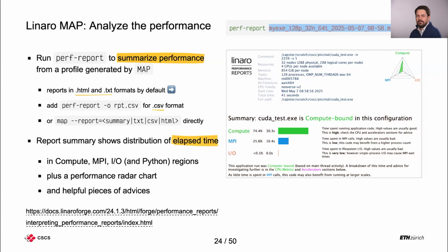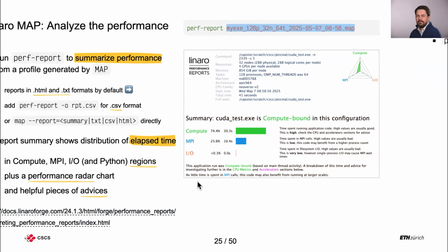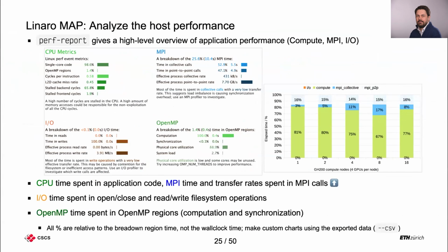So, a high-level overview: you can see the most time-consuming region in your code. It will also show a nice radar chart. And I guess the most important thing is that it can give you a list of useful advice. You will get more details in the documentation.